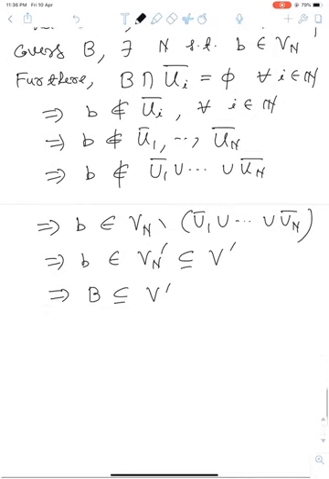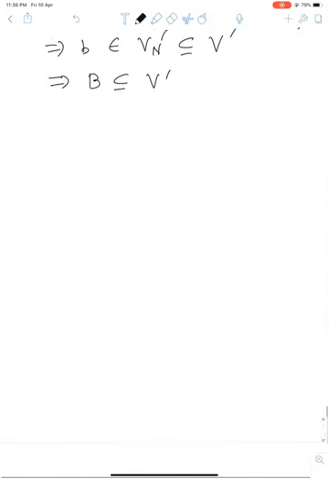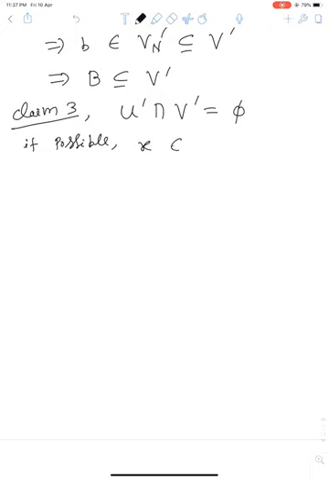Now what about my claim 3? Now what is my claim 3? Now we have another claim that U dash intersection V dash is empty, right? Now if possible, so there is an x belonging to U dash intersection V dash, right?